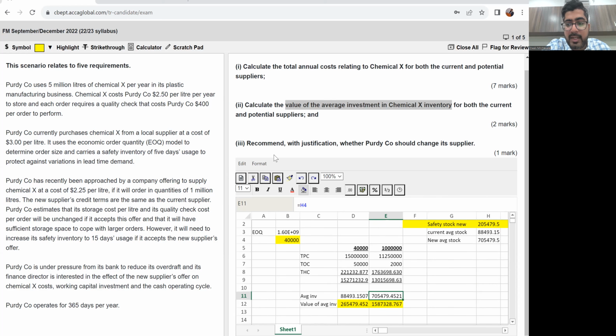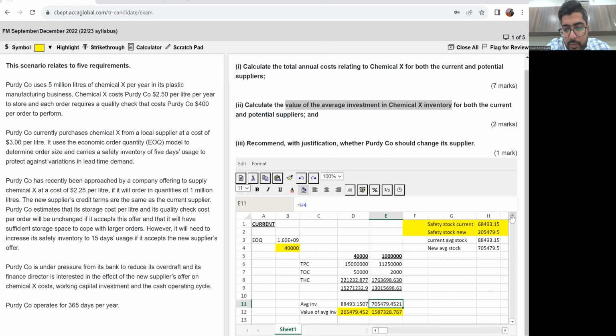And finally, 1 mark requirement, recommend whether PURDY should change its supplier. Okay, so as you can see, if we change the supplier, you get a cost saving.